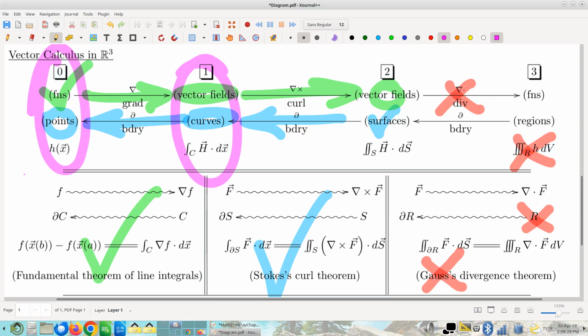Or I could take my curl field over my brand new anti-boundary surface that I know exists, even though I haven't identified it yet, and compute a flux by way of this theorem. So those are your options.